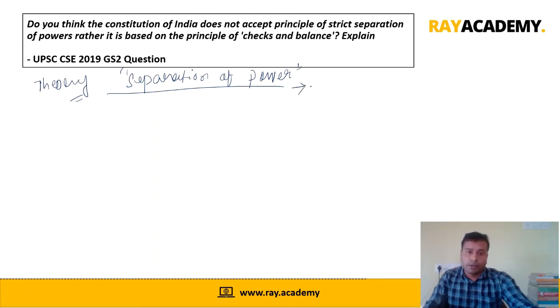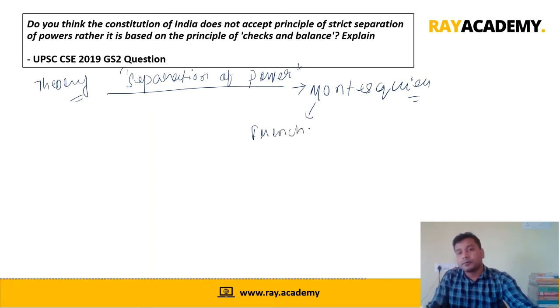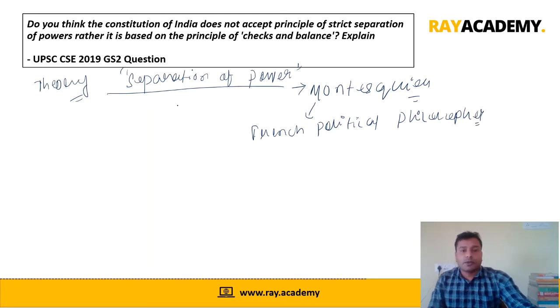This concept comes from Montesquieu. And who is Montesquieu? He is a French political philosopher. So the theory of separation of power is given by Montesquieu, a French political philosopher.